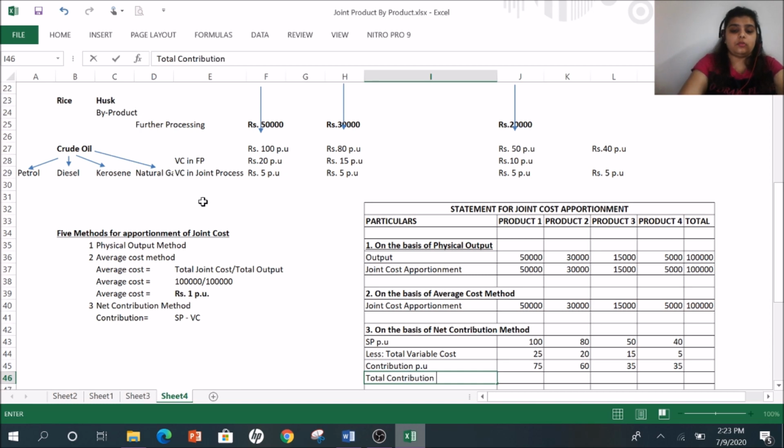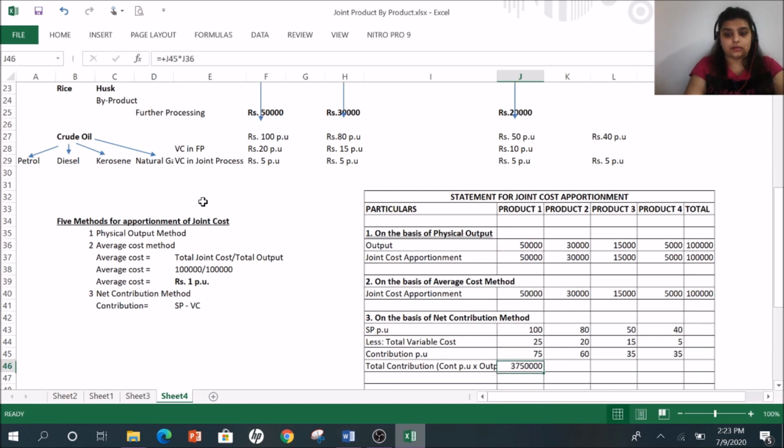Now we are going to calculate the total contribution. How will we get the total contribution? Contribution per unit into our output. So contribution per unit into our output of 50,000, that is 37 lakh 50,000, 1 lakh 80, 5 lakh 20 and 1 lakh 75. Now that we have got our contribution here, we are going to distribute our joint cost on this basis.